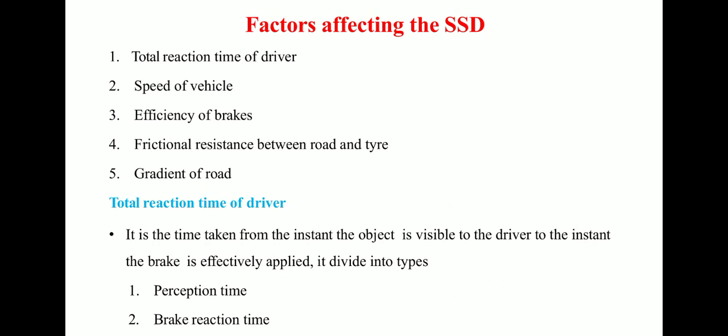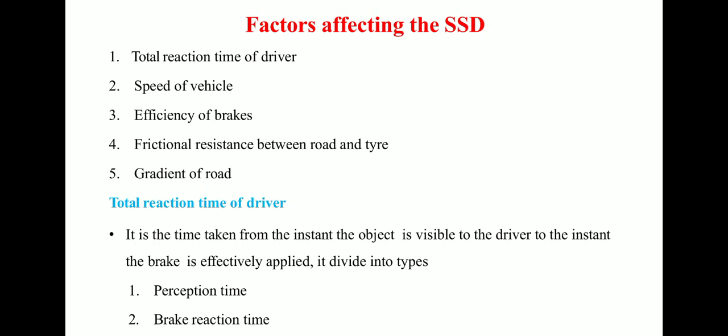Now there are some factors affecting stopping sight distance. These are the total reaction time of the driver and the speed of the vehicle. How will the speed of the vehicle affect it? The higher the speed of the vehicle, the more time it will require to stop.